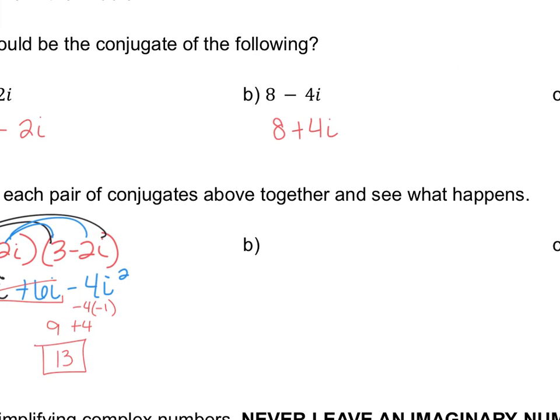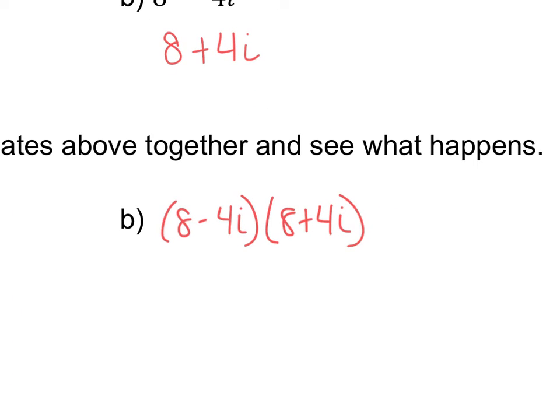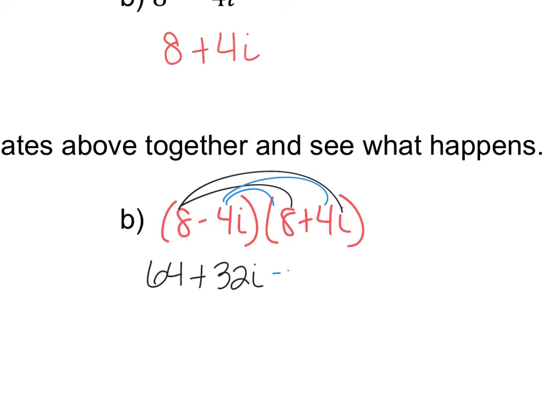Okay, so let's do this one again just for the practice. So I have 8 minus 4i times 8 plus 4i. Let's go ahead and distribute. So this would be 64 plus 32i. Distribute the negative 4i, so this would be negative 32i minus 16i squared.